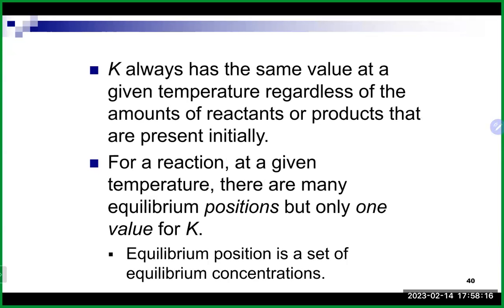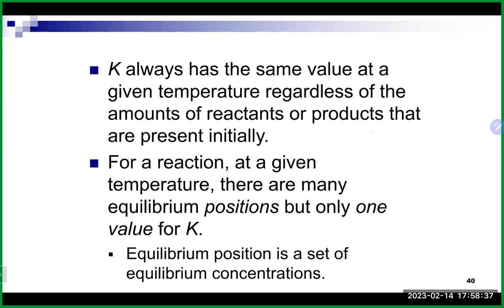As I mentioned before, and it is sometimes hard for a lot of people to visualize or understand, is the idea that no matter how much you start with, as long as you keep the temperature the same, you will get the same value for the equilibrium constant, which is why it is constant. I think I did the math example the other day.